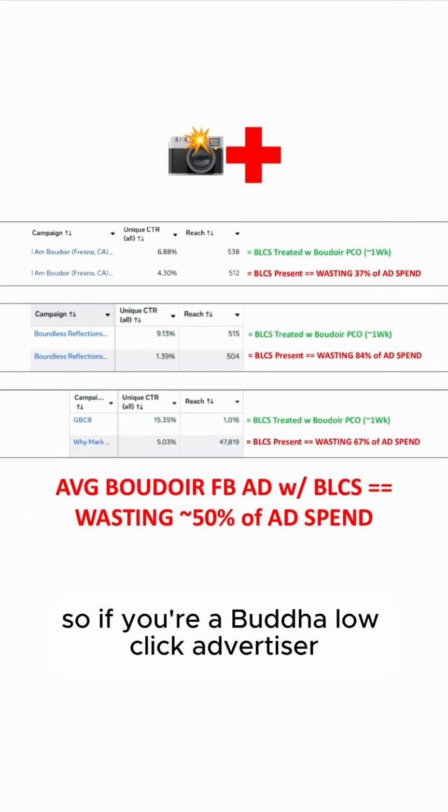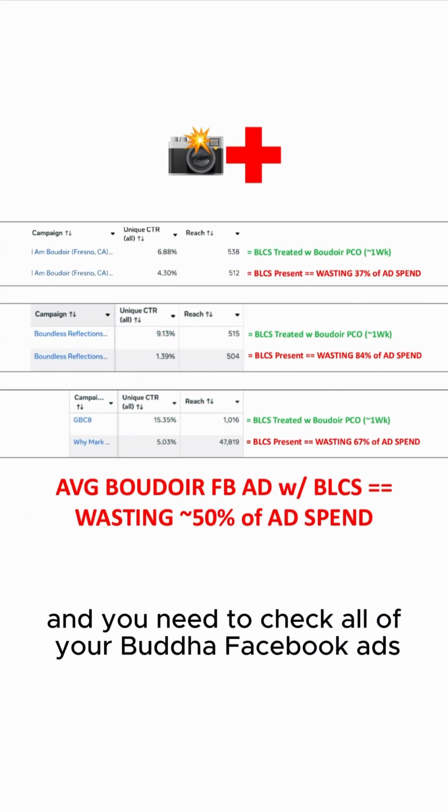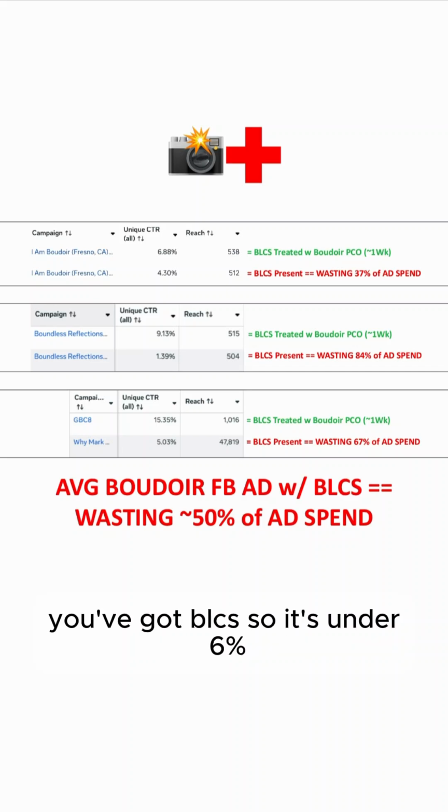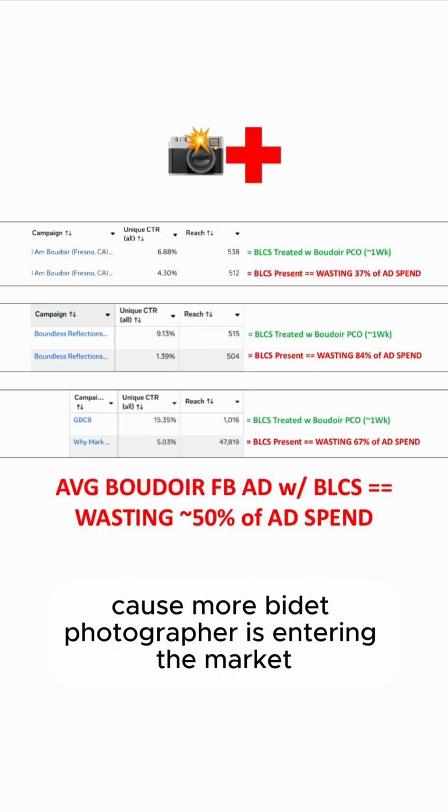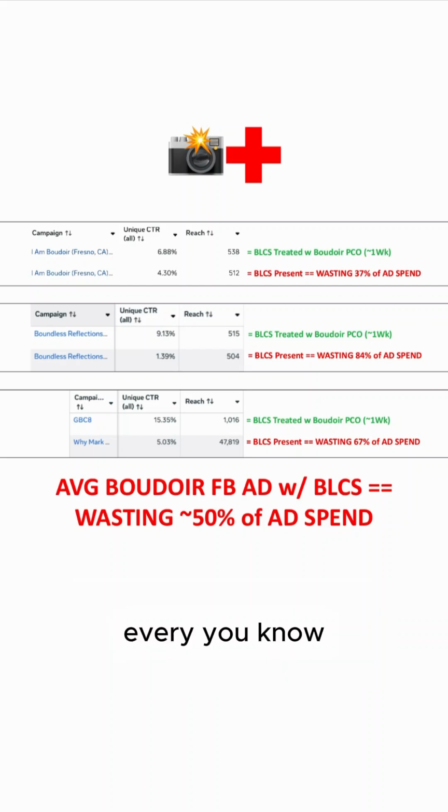So if you're a Boudoir advertiser and the unique CTR on all of your Boudoir Facebook ads is under 6%, you've got BLCS. And you want to pull more profit out of the business because more Boudoir photographers are entering the market every day.